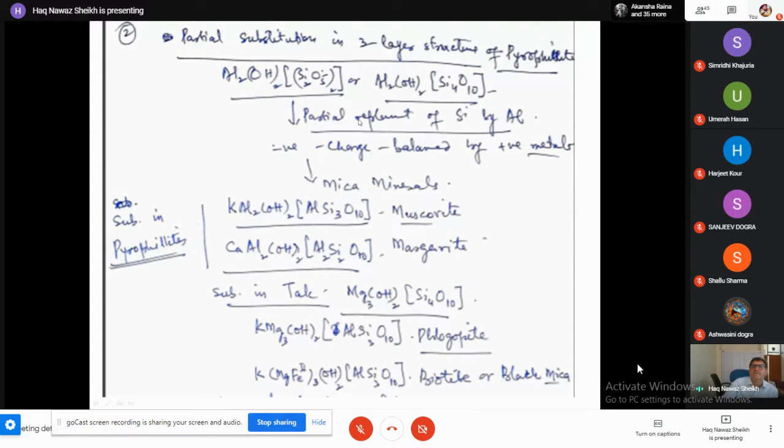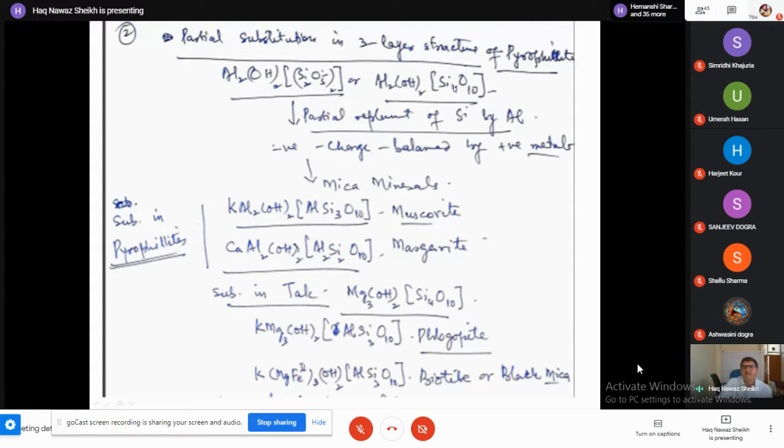If you do the partial replacement of silicon by aluminum, silicon is tetravalent and aluminum is trivalent only. Therefore, for each substitution of silicon by aluminum, the silicate layer accumulates one negative charge, because aluminum is 3 plus and silicon is 4 plus. So the replacement of silicon by aluminum generates a negative charge, which has to be balanced by some positively charged metal ion, which is then held between the layers, and you generate the mica minerals.